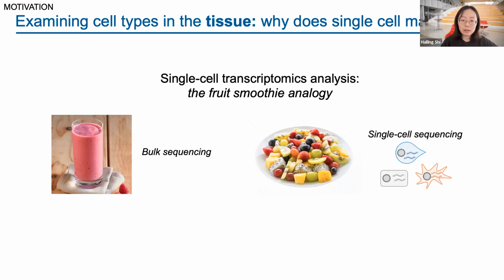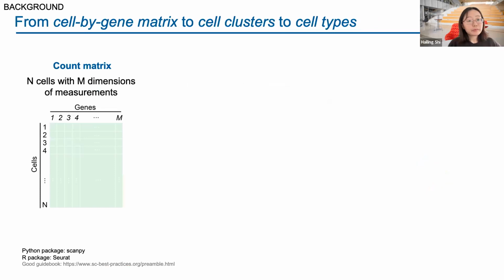Single cell RNA sequencing can tell you what types of fruits there are and the abundance of each type of fruit in this mixture. So this gives birth to cell atlases that chart cell type diversities in the tissue and the organism, revolutionizing our understanding of the complexity of tissue composition and heterogeneity.